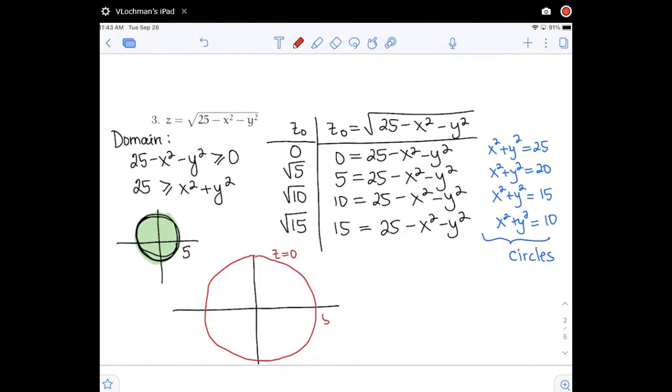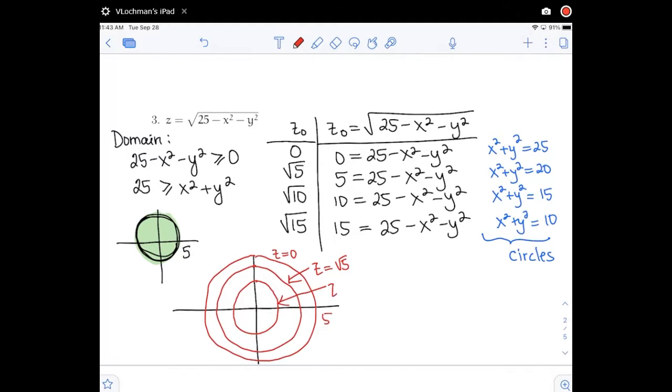Okay, and now our radii are becoming smaller, so root 20, whatever that is, right? That's becoming smaller. This is z equals root 5. And then the next circle has the radius of root 15, so that's also smaller.